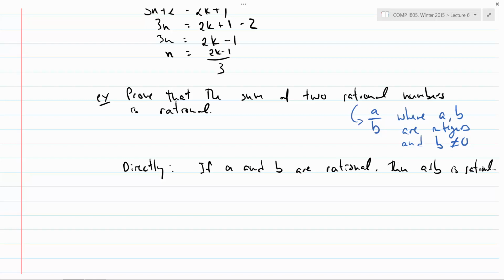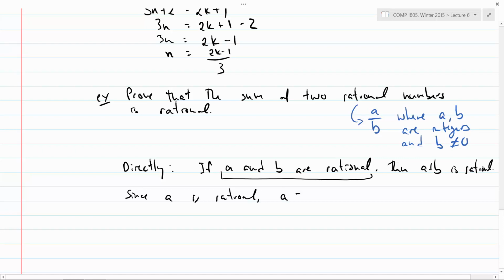So let's do this. We're going to assume A and B are rational. So since A is rational, A is equal to, I don't know, P over Q, where P and Q are integers, and Q is not 0.